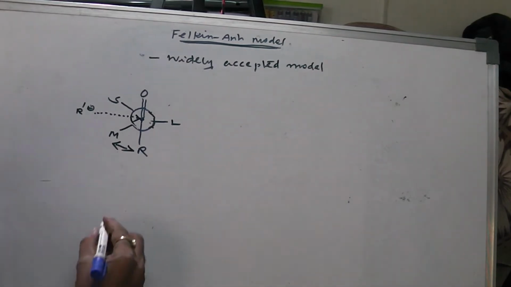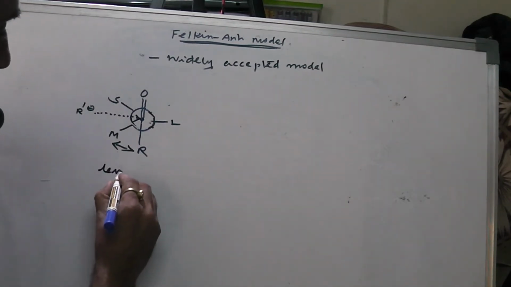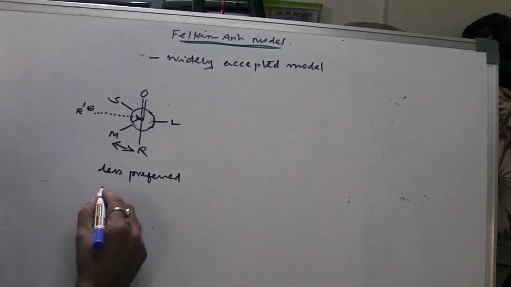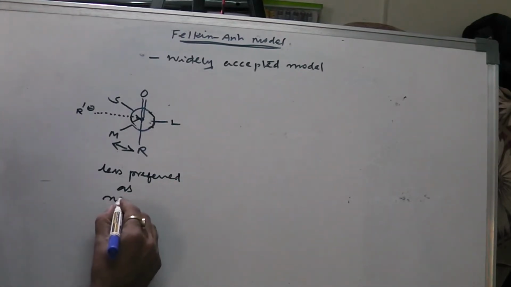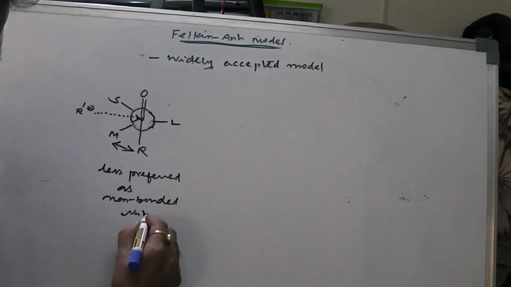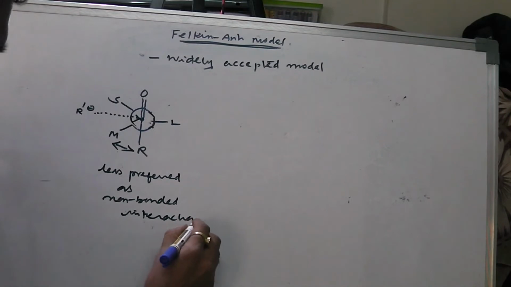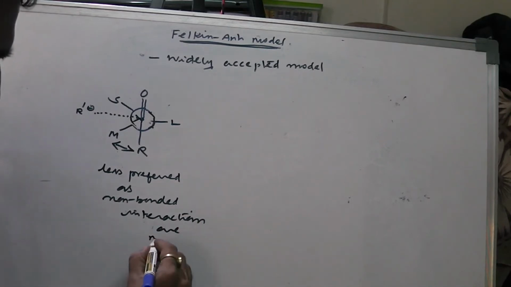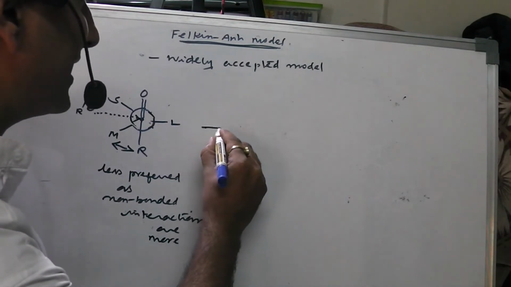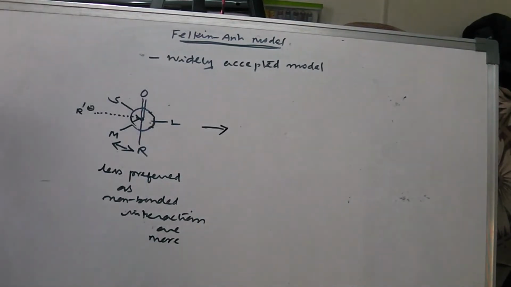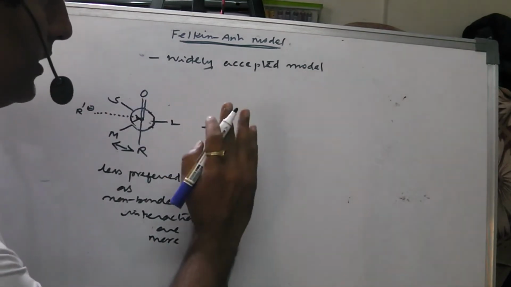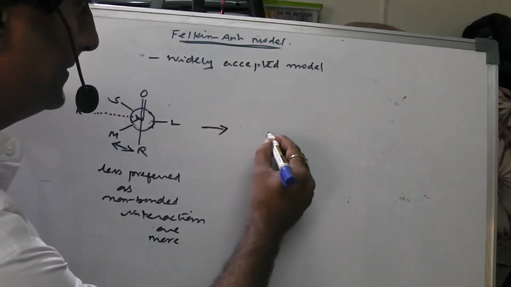So this one is less preferred, as non-bonded interactions are more. So after the attack, since the attack occurs at this particular point, OH will go towards that particular side.